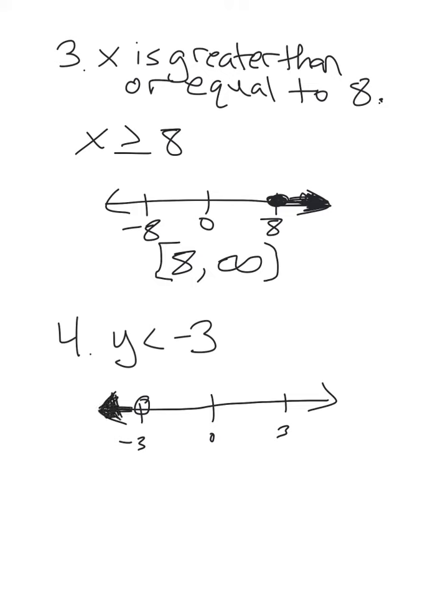That's the shaded region represents the solution set. So going left to right, starts at negative infinity, ends at negative 3. However, negative infinity is never included. So is negative 3. Negative 3 has an open circle, so it's not part of it.